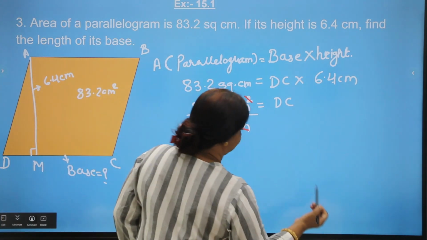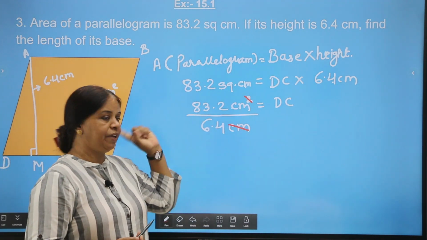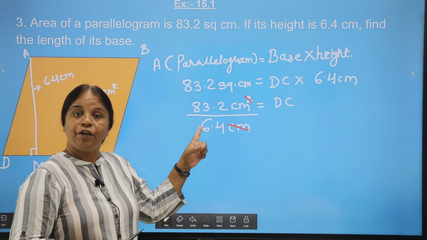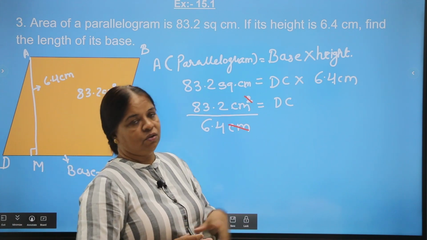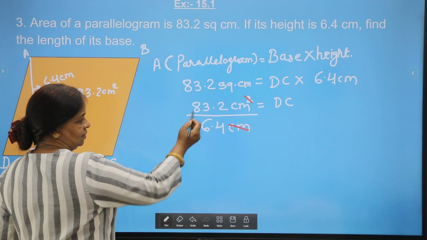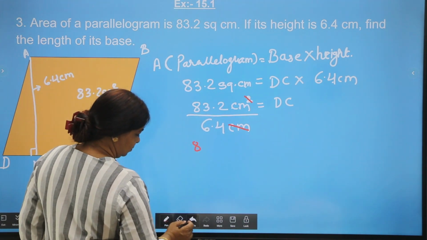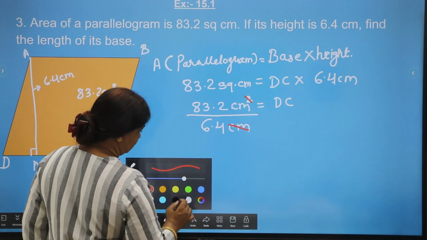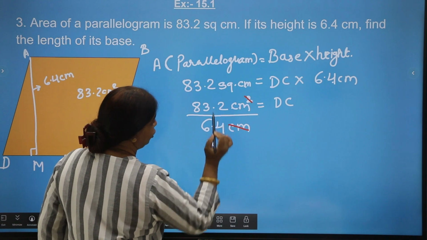Let's divide it. See, now this is the question where you have got decimal in the numerator also and decimal in the denominator also. So we need to eliminate the decimal. So how can we eliminate? See, here it is 83.2.